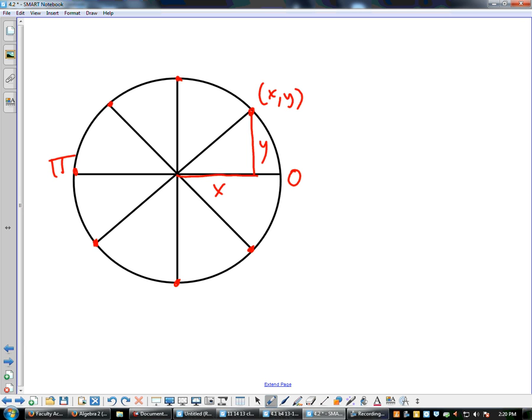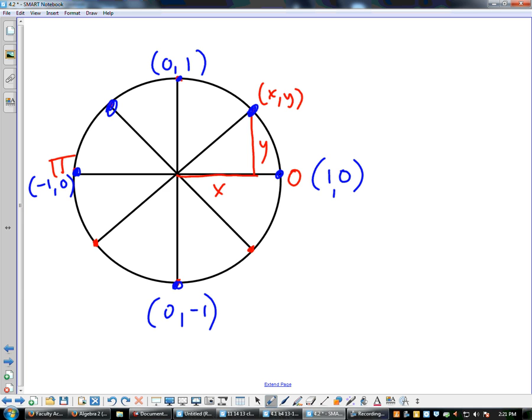Everybody agree? And if this is our unit circle, we already said what this ordered pair is right here. What's this ordered pair? 1, 0. What's this ordered pair up here? 0, 1. What's this ordered pair? Negative 1, 0. What's this ordered pair? 0, negative 1.